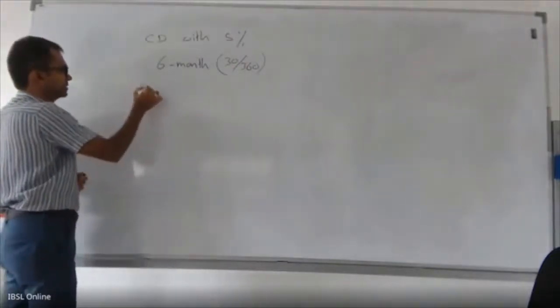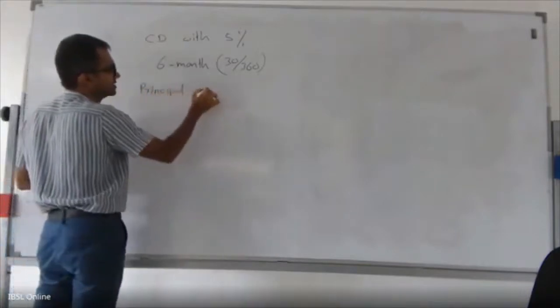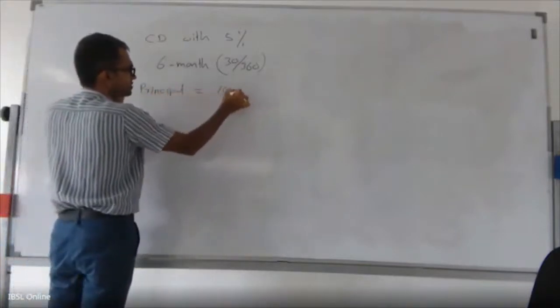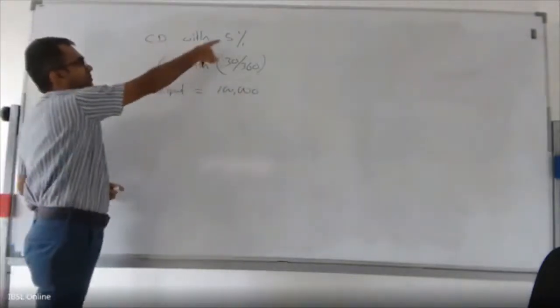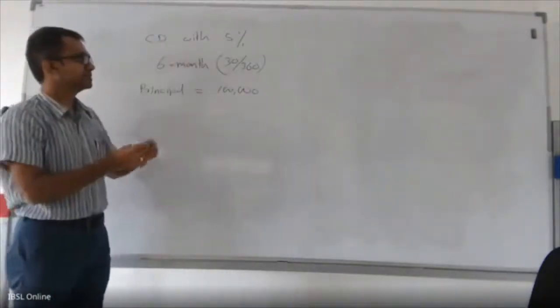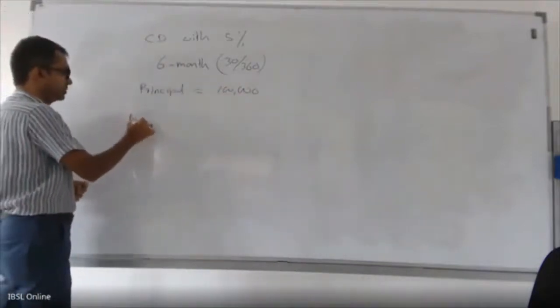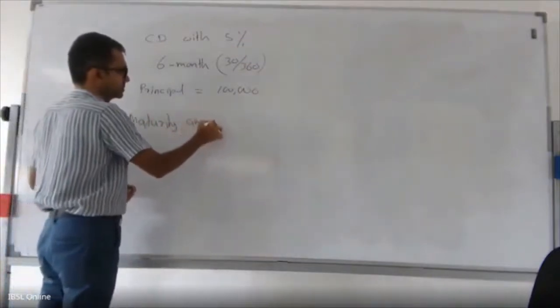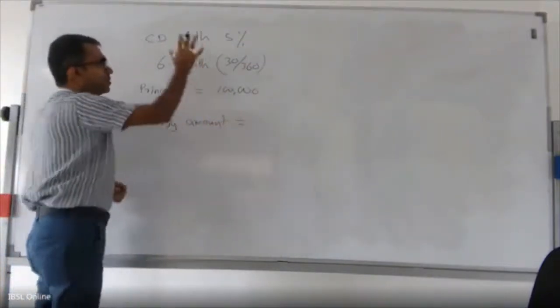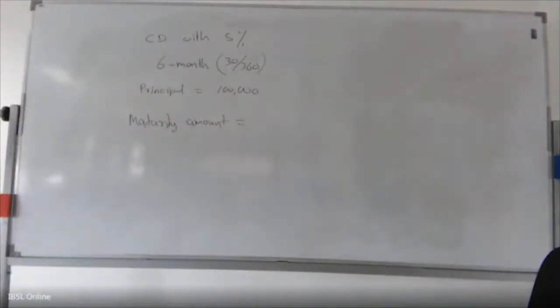The principal you place is, say, 100,000 for a 6-month period at 5%. Day count convention is 360. What is the maturity amount? If you hold this for a 6-month period, what do you get?